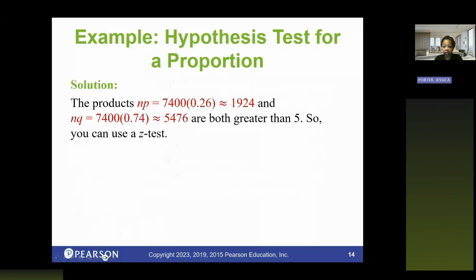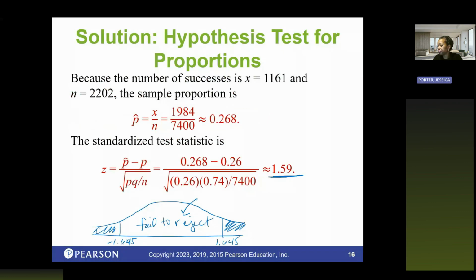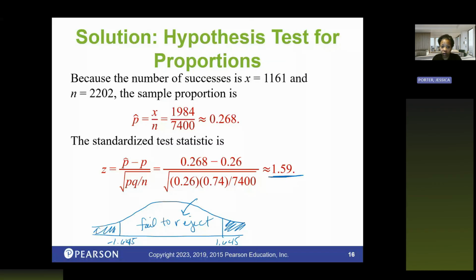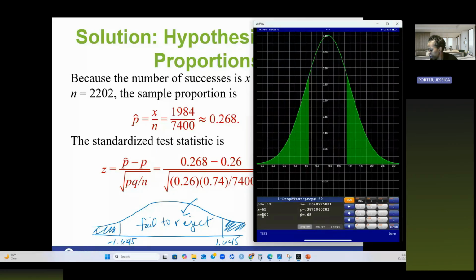So let's go back and look at our result in technology. We'll start with the calculator. I believe it was a two-tailed test, correct? Yes, so I'll select the two-tailed test and adjust my specs: 0.26, and it was 1984 out of 7,400.